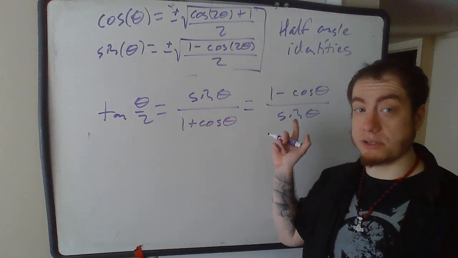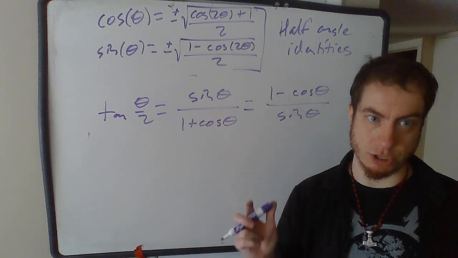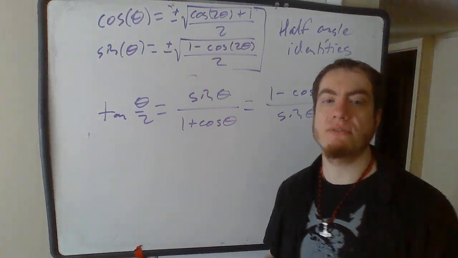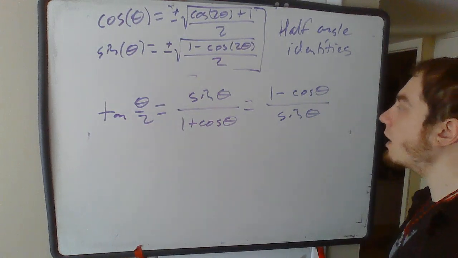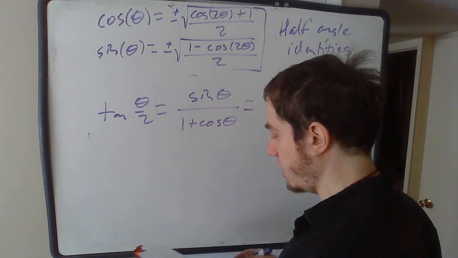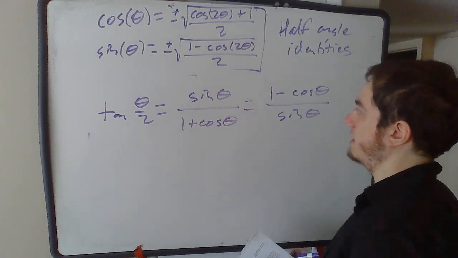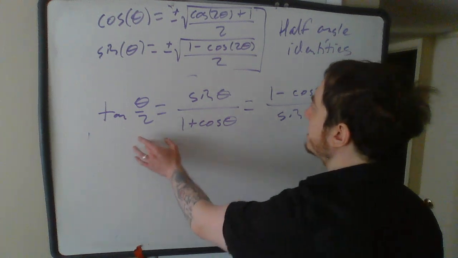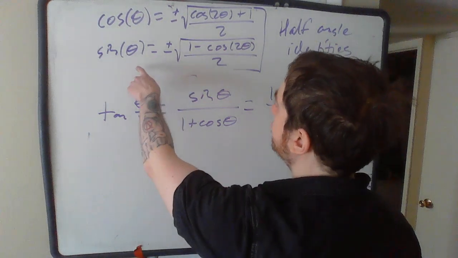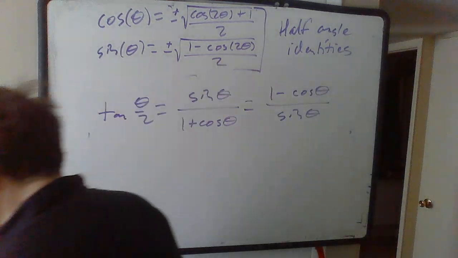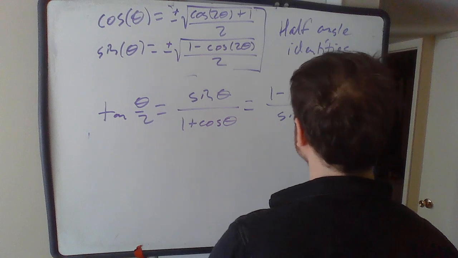I will leave it to you guys to work out that these are actually equal to each other if you are interested in figuring that out. I mean, it's the same kind of identity proof that we've done before. Nothing particularly new here, just rewriting things and showing that these two sides are equal. And you get this identity to start with by just taking the ratio of the sine and cosine identities that we had.